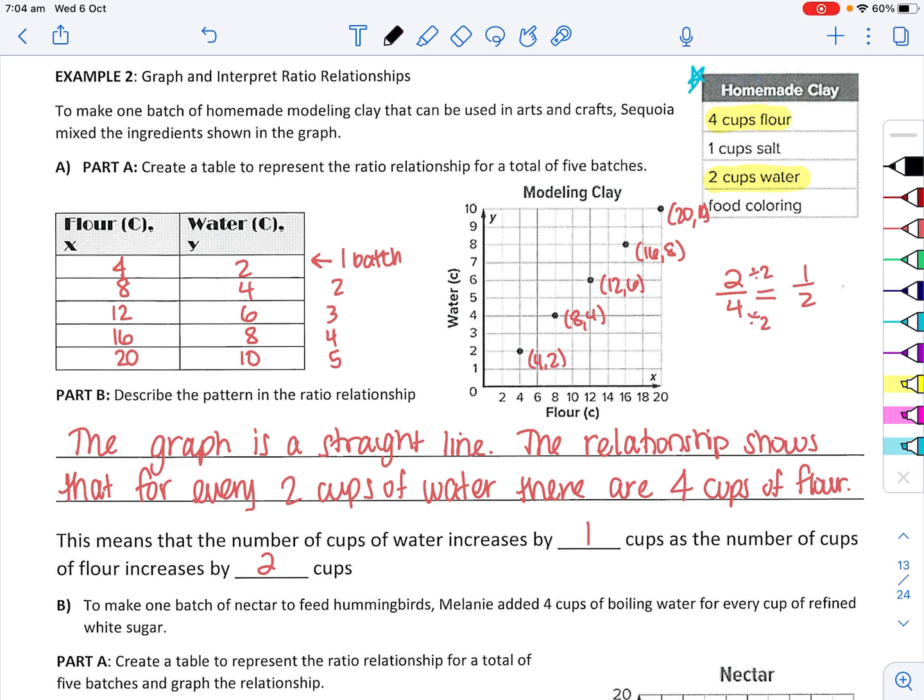I could also just continue to use the 2/4. Okay. So I could use either one. We like to write our ratios in simplest form, so I would err on the side of using simplest form.